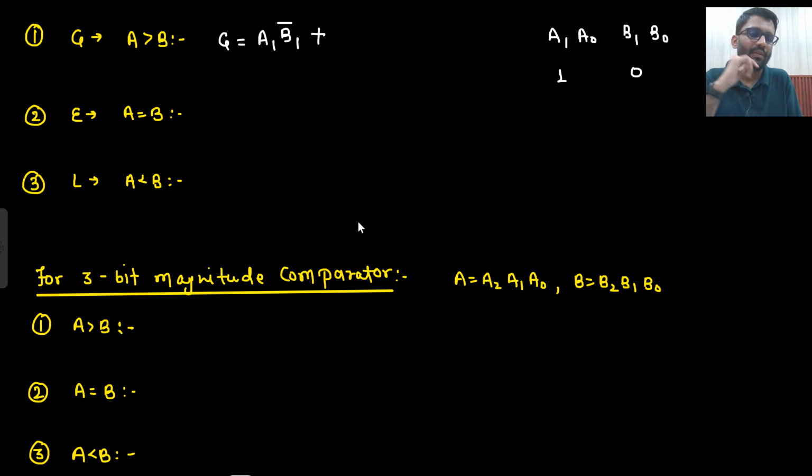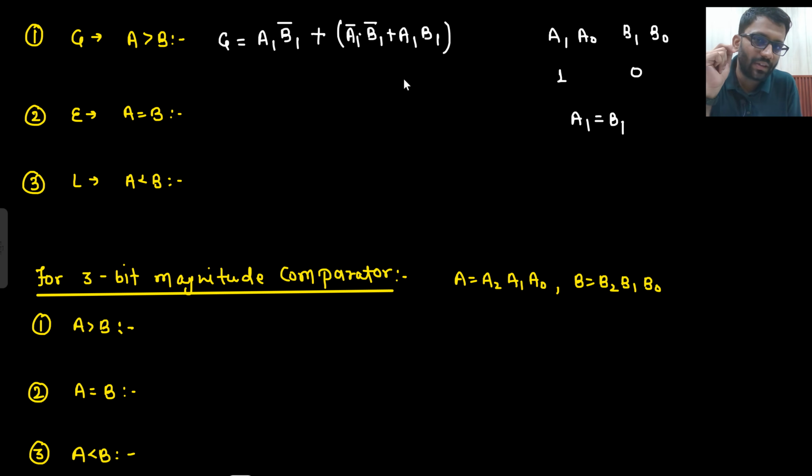Or if a1 is equal to b1. Now when can a1 be equal to b1? When a1 is 0 and b1 is 0, or a1 is 1 and b1 is 1. This I have written as a1 equals b1.